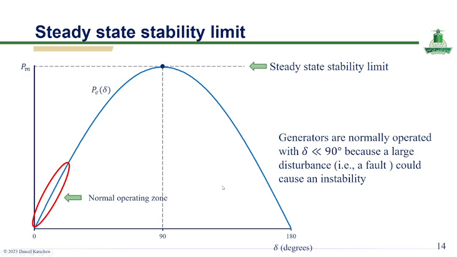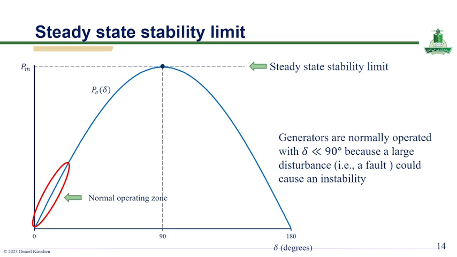Okay, this slide presents the concept of the steady state stability limit based on the power angle curve PE delta. The maximum transferable electrical power occurs at delta equal to 90, which defines the theoretical stability limit.